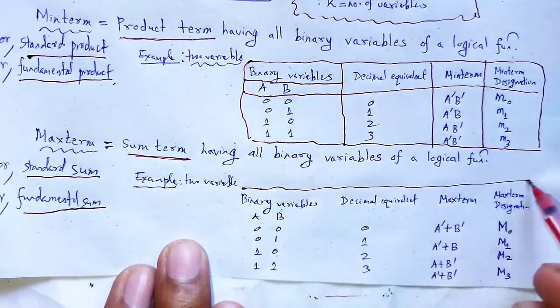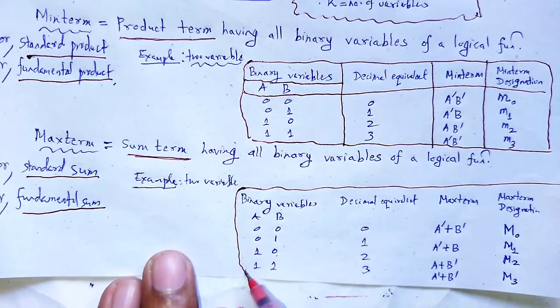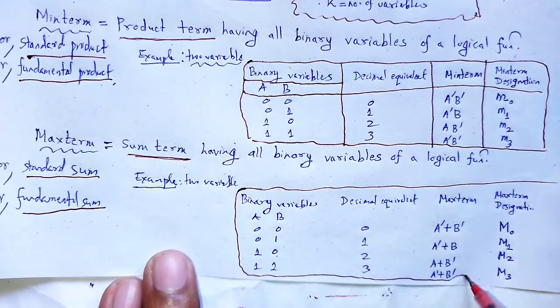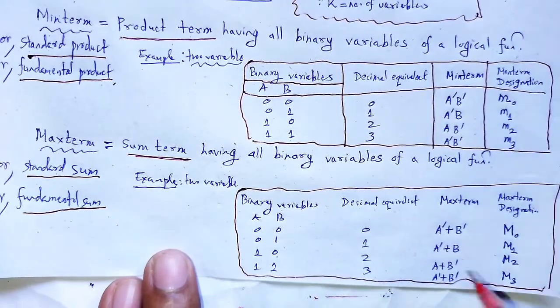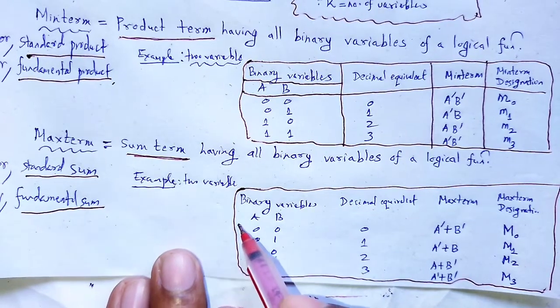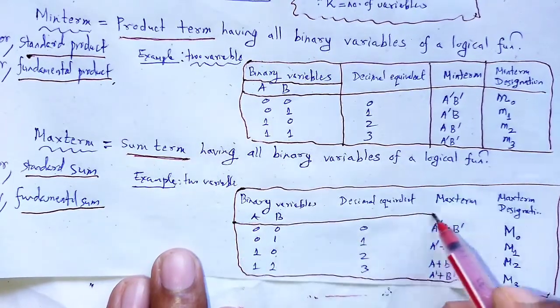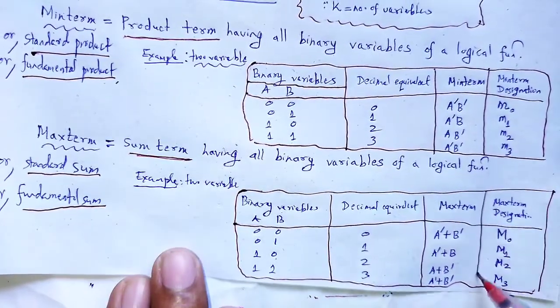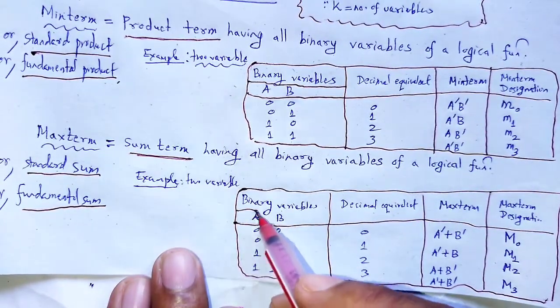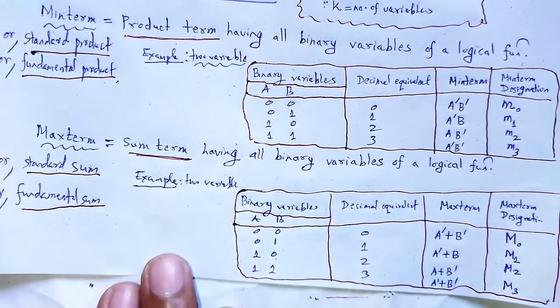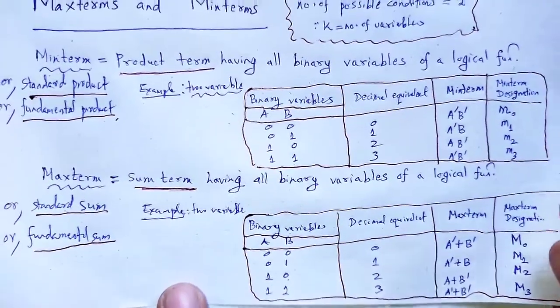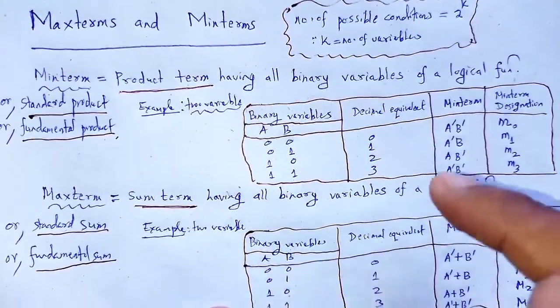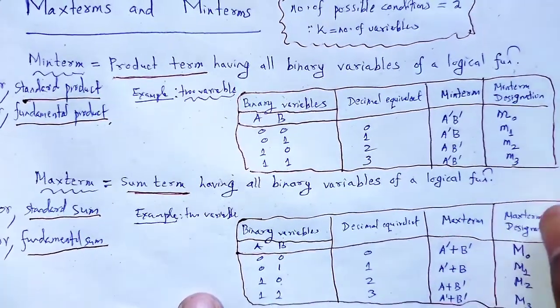Similarly, when we have 3 variables A, B and C, the possible inputs will be 8. This is the basic idea about max terms and min terms.